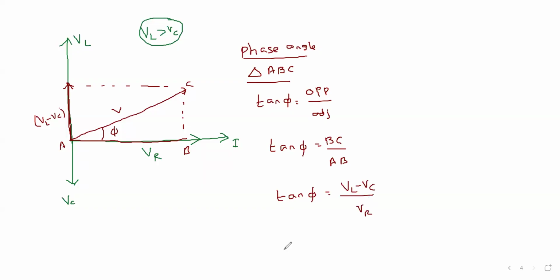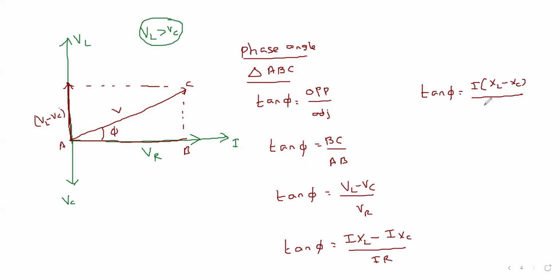And we know very well, as per Ohm's law, VL is I into XL, VC is I into XC, and VR is I into R. So tan phi is equal to I outside, XL minus XC, by I into R. Here we cancel I and I. So we are getting tan phi is equal to XL minus XC by R.